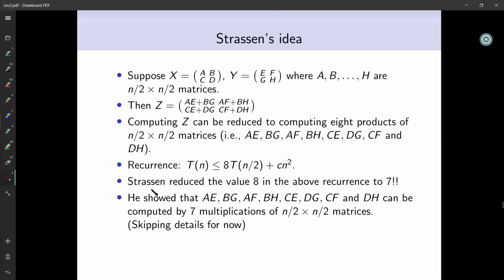So now the recurrence is Tn less than or equal to 8 times T of n by 2 plus C times n square. You'll see that this recurrence really does not change anything. This recurrence basically gives us the same value. So this solves to order of n cube.